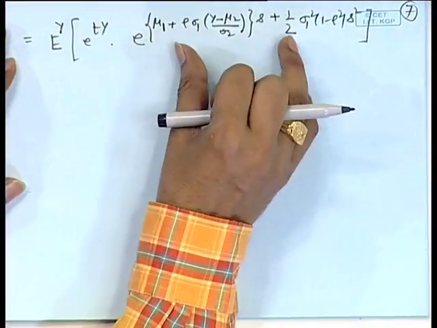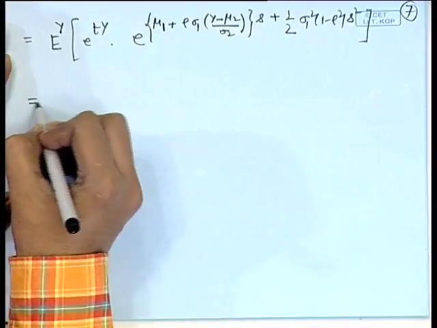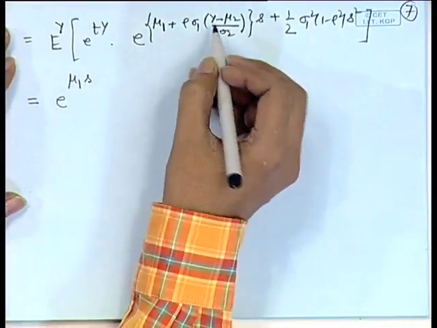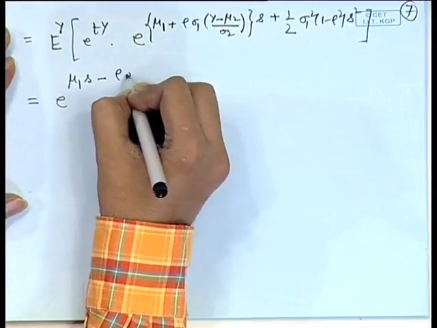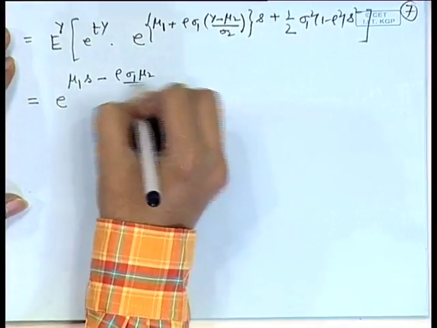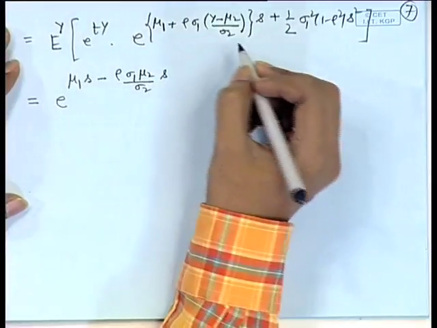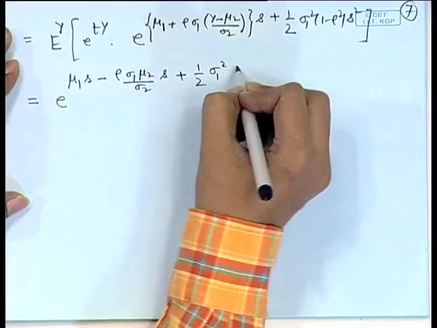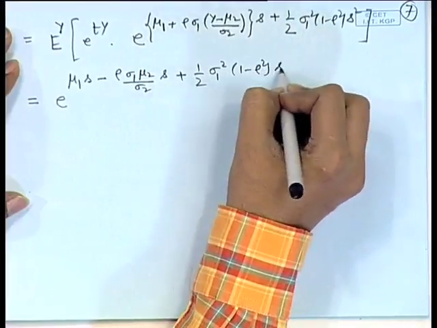So, now here there are certain constant terms and we can separate them out: e to the power mu 1 s minus rho sigma 1 mu 2 by sigma 2 s plus half sigma 1 square 1 minus rho square s square.